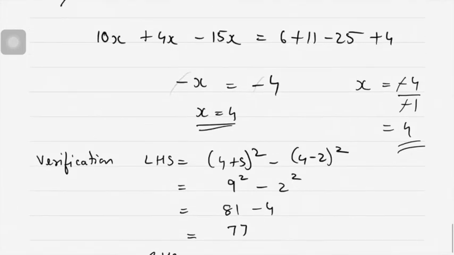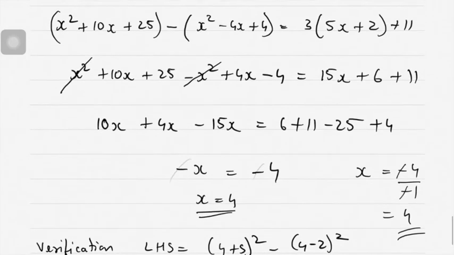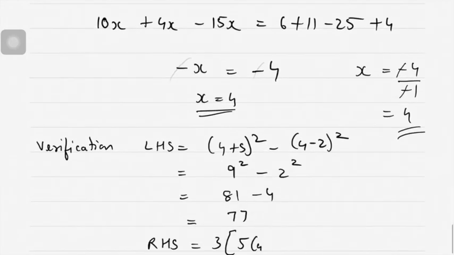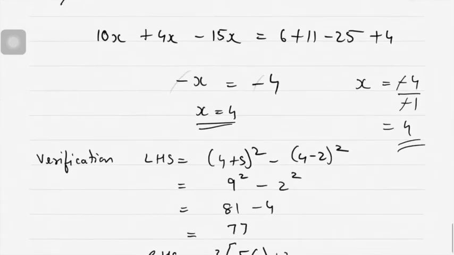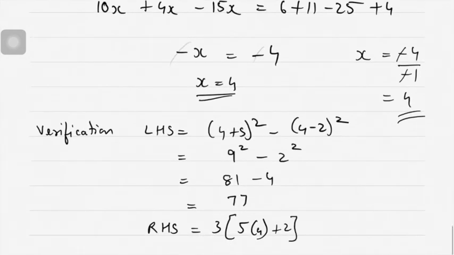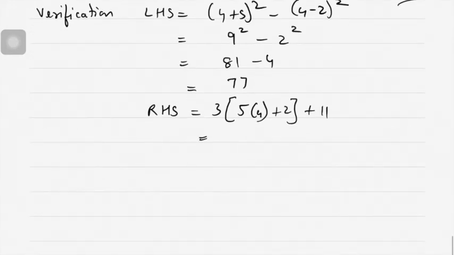My RHS is 3 into (5x + 2) + 11. Instead of x, I'll write 4. Okay, this is my RHS. 3 into (20 + 2) + 11.